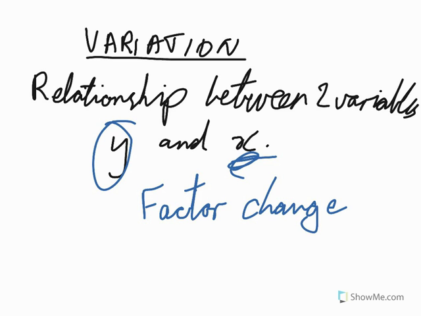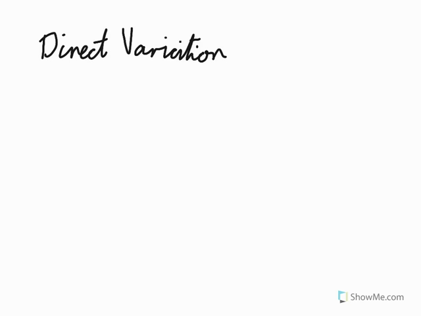Alright, so there's a few different types of variation, and the first one we're going to look at is direct variation, and things can directly vary in a number of different ways.